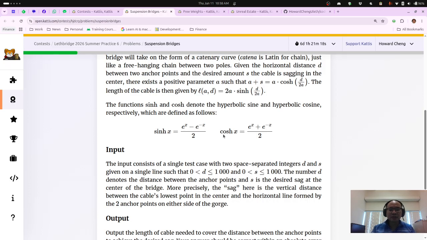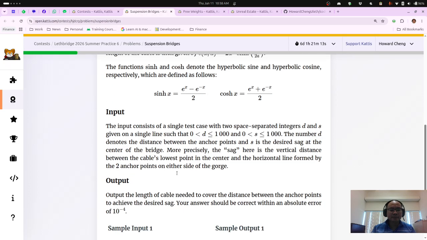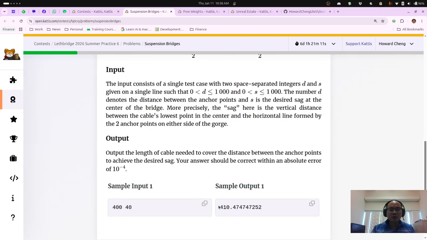So d and s are given. And then you're supposed to output the answer up to basically 4 decimal places. Now, when they say absolute error of 10 to the minus 4, it means that the error cannot be more than 0.0001.